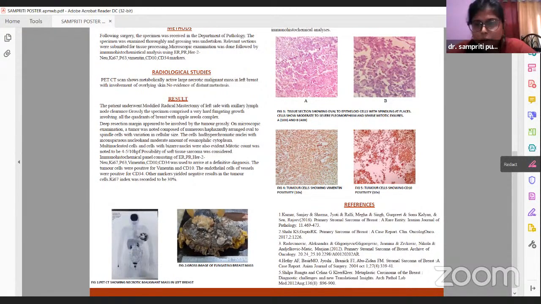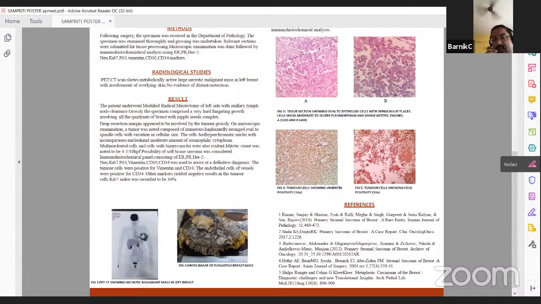Okay. Yes, but the ER, PR and HER2 are negative. Yes. Okay. Thanks. Yes, I agree with you. This appears to be more like a high-grade phyllodes tumor to me too, rather than primary stromal cell sarcoma.